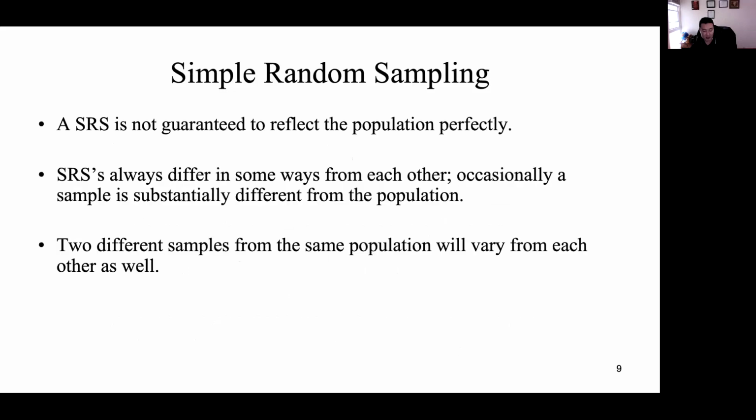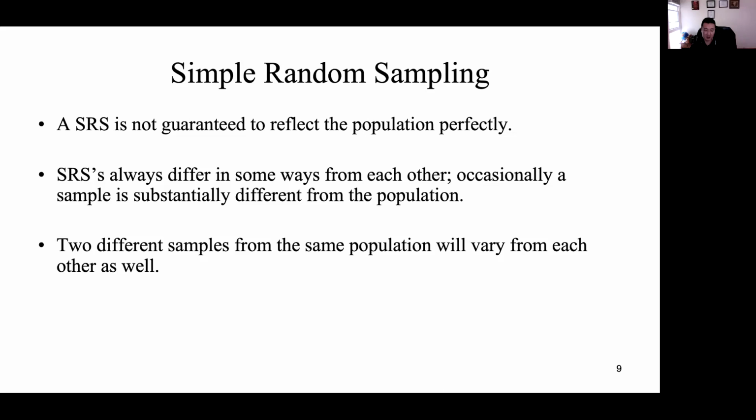A simple random sample is very good, but it's not guaranteed to reflect the population perfectly. Like when we get a simple random sample of 50 rods from 1,000 rods and measure the diameter, it's not guaranteed the 50 rods will reflect the whole population perfectly.